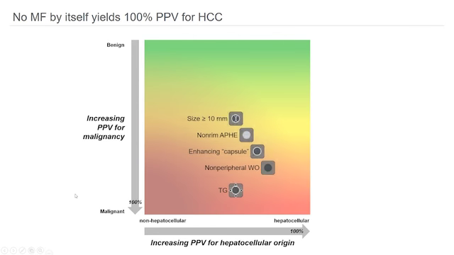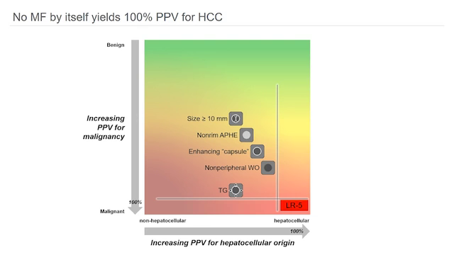Each individual major feature is going to fall somewhere within this graph, depending on how specific it is for malignancy in general and for HCC in specific. For LIRADS 5, we want the positive predictive value for malignancy and for HCC to both be as close to 100% as possible. And notice that none of the major features by themselves allow us to do that.